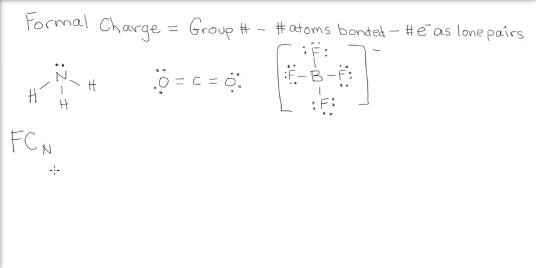So the formal charge for nitrogen, so we remember the group number for nitrogen is 5. The number of atoms bonded to nitrogen is 3 from the 3 hydrogens. And the number of electrons as lone pairs is equal to 2. So 5 minus 3 minus 2 equals 0. So the nitrogen in ammonia has a formal charge of 0.